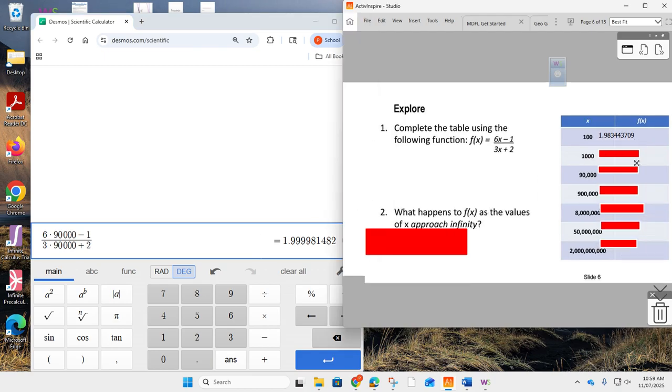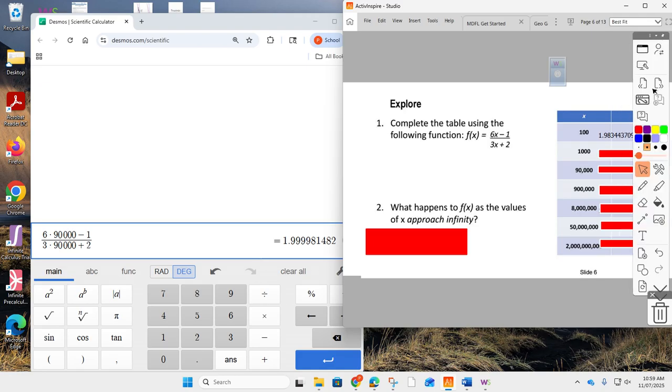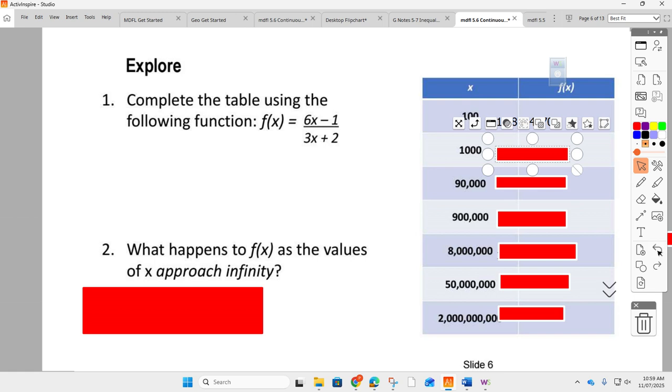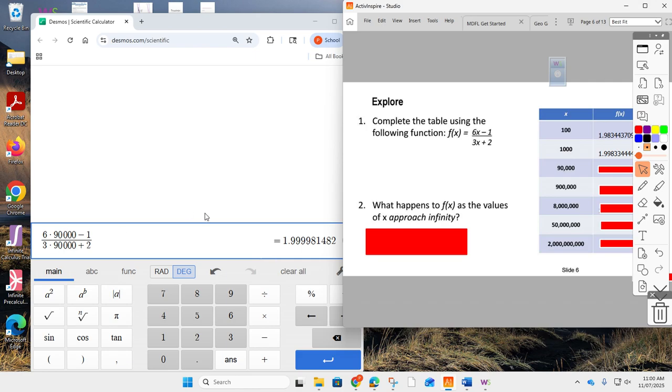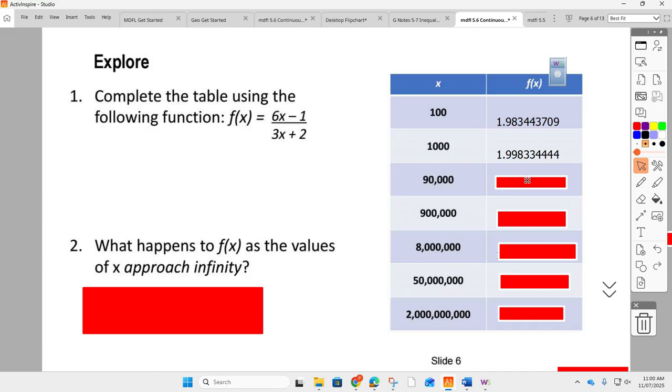Oh, good. 90,000. So did everybody get 1.99998148? Patrick, are you on your calculator like I asked you to? Come up here to a seat that you can see from. All right, let's put in 900,000.